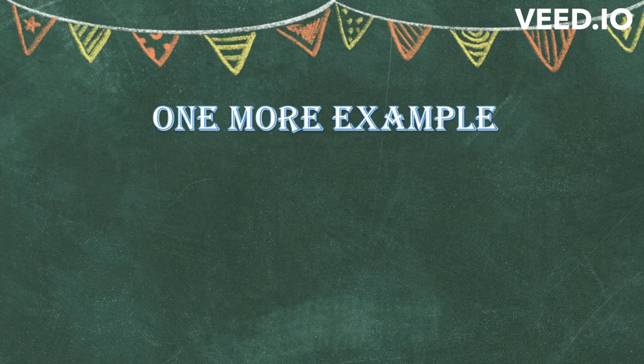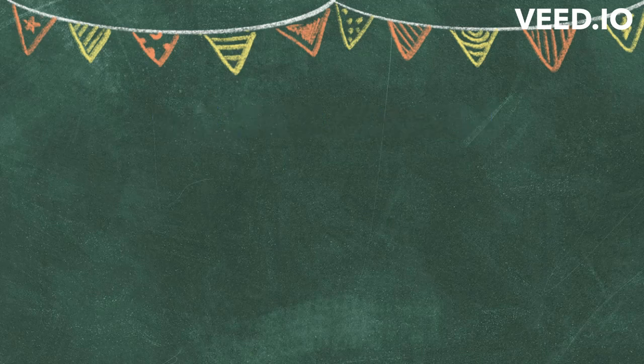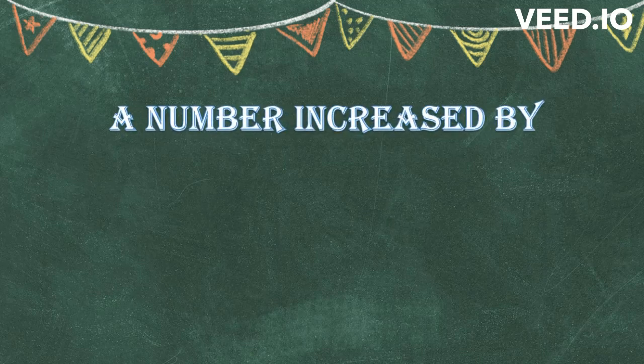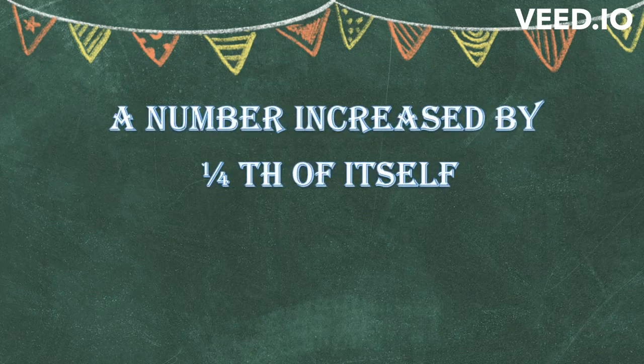Let's take one more example. A number increased by 1/4 of itself is 30. A number, let the number be n.